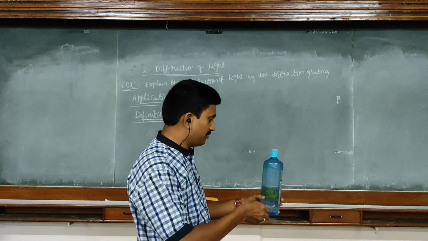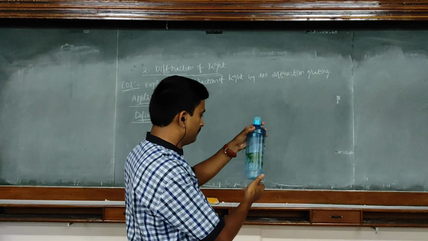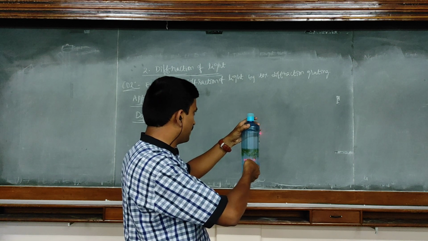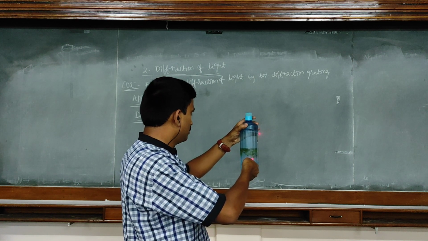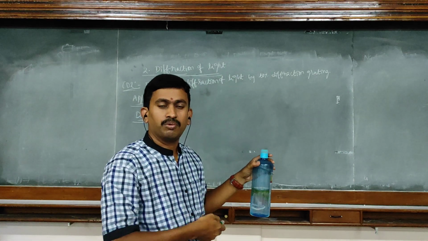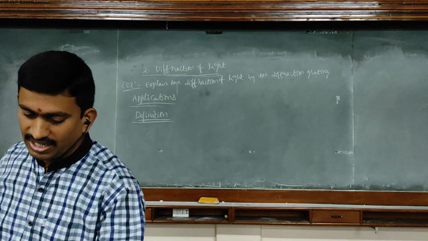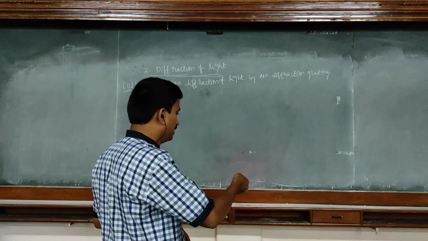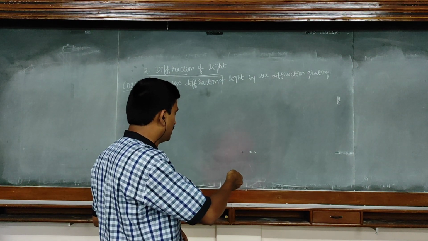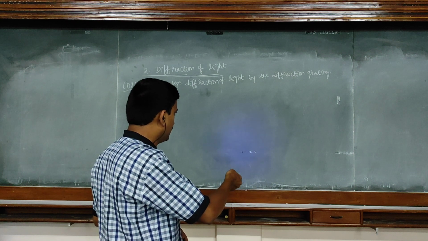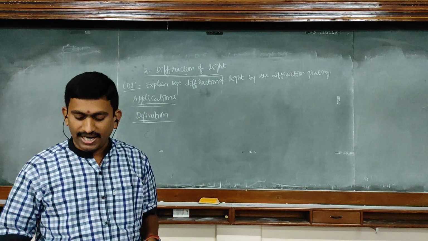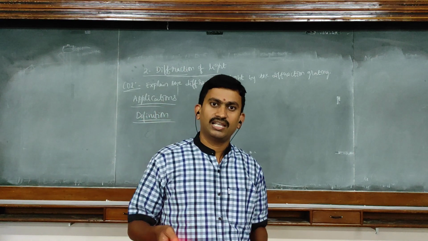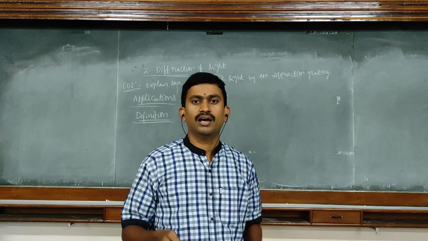You can perform this small experiment at your home also. Yes, you can see the diffracted light on the board. This experiment can be explained with the help of a diffraction grating. Anyhow, in our laboratory we are going to perform the diffraction grating experiment. We can see the diffracted light, and we can identify what we call a bright fringe as well as a dark fringe, a bright band and a dark band.